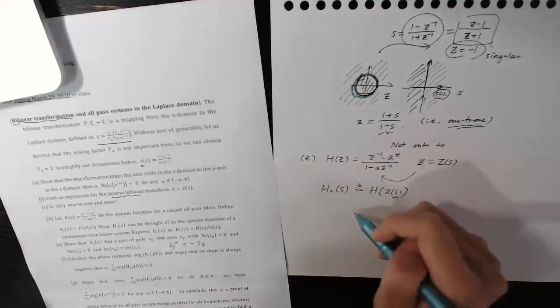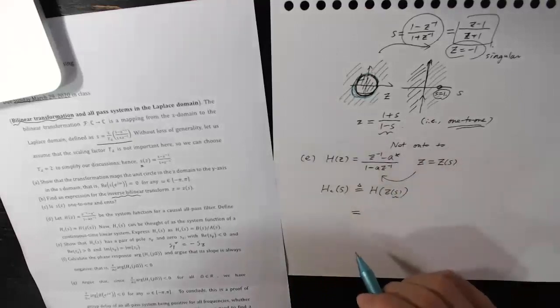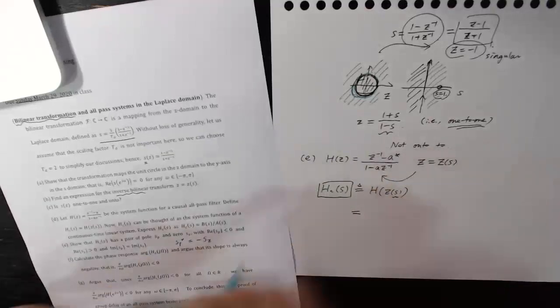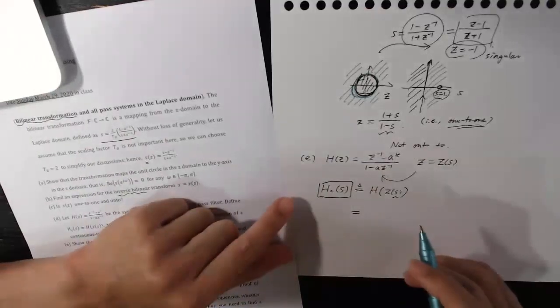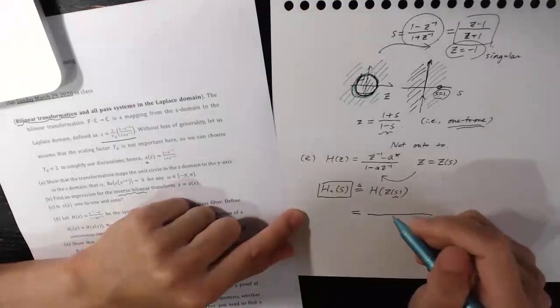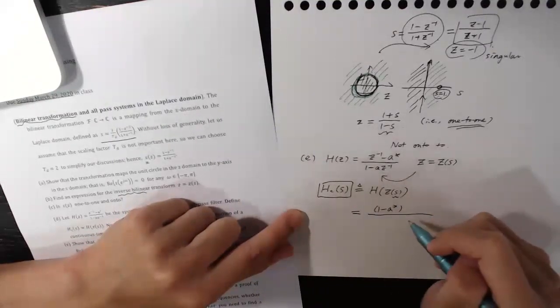And then what does that mean? Okay, so if you just keep track of everything, you'll reach that this system function in the Laplace domain is also a ratio of two polynomials of S. Okay, two polynomials of S, and with some effort you can figure out it's 1 minus A conjugate.